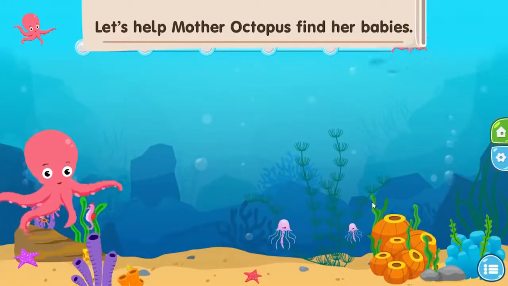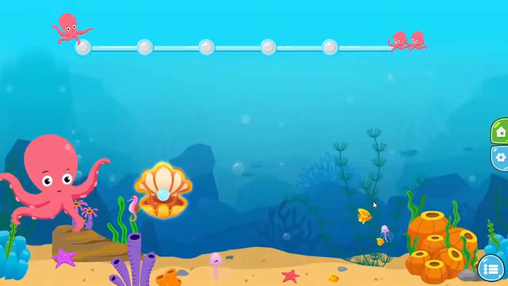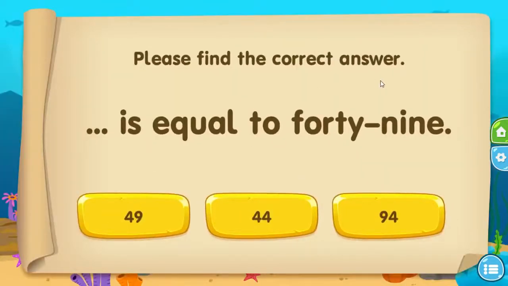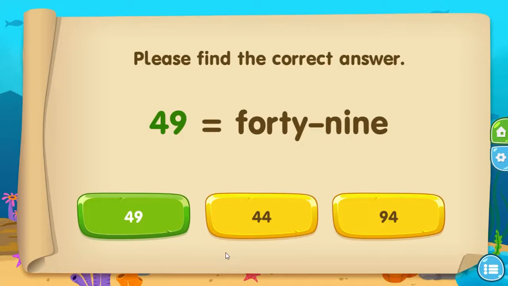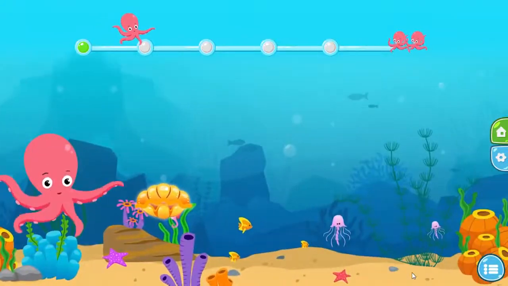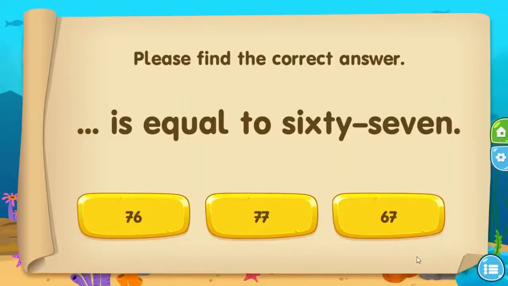Let's help Mother Octopus find her babies. Please find the correct answer. Great job! 49 is equal to 49. Please find the correct answer.